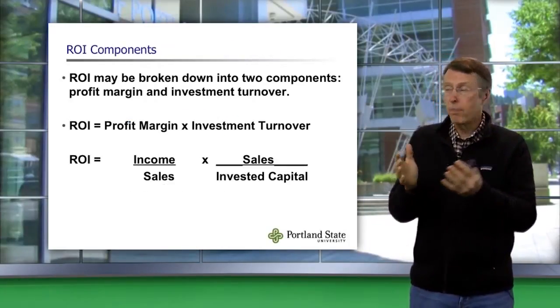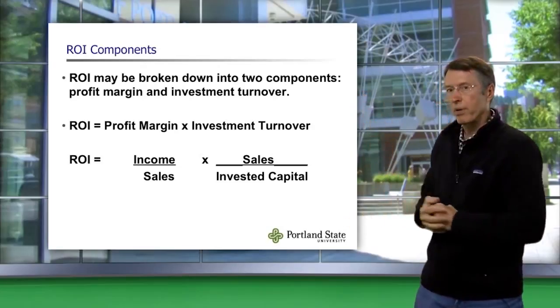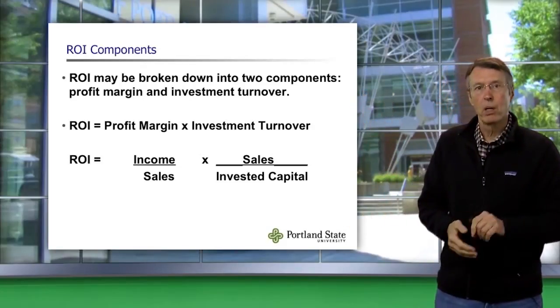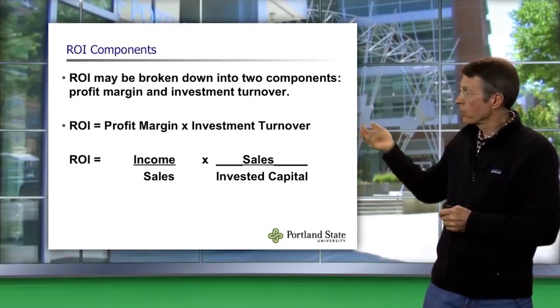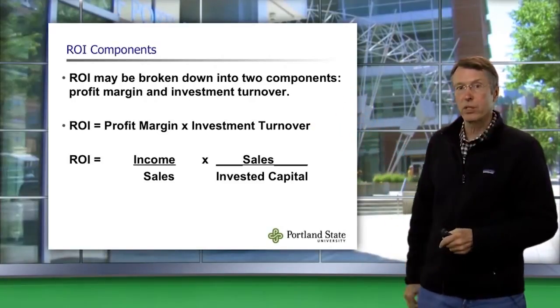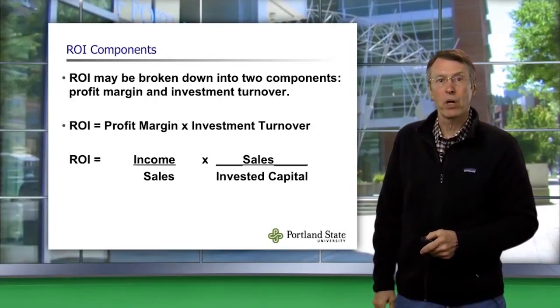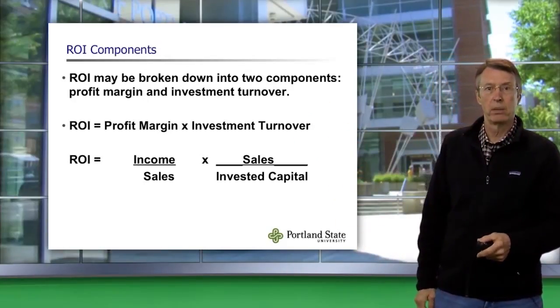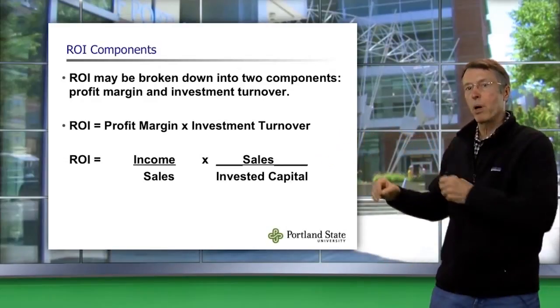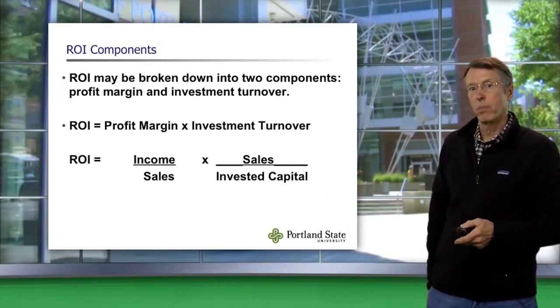The ROI components, a classical corporate finance equation, we can break down into the profit margin as well as the turnover on the invested capital. So the ROI is income divided by sales times sales over invested capital. It lets us pull that apart in a way to look at the two different parts.